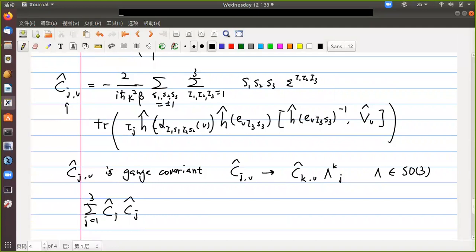This finishes the section about quantizing constraints, and there are 3 kinds of constraints: Gauss constraint, Hamiltonian constraint, and diffeomorphism constraint. Now we are able to quantize all of them on the cubic lattice defined on our Hilbert space. Okay, and here the result of the Gauss constraint is just the gauge invariant wave functions.